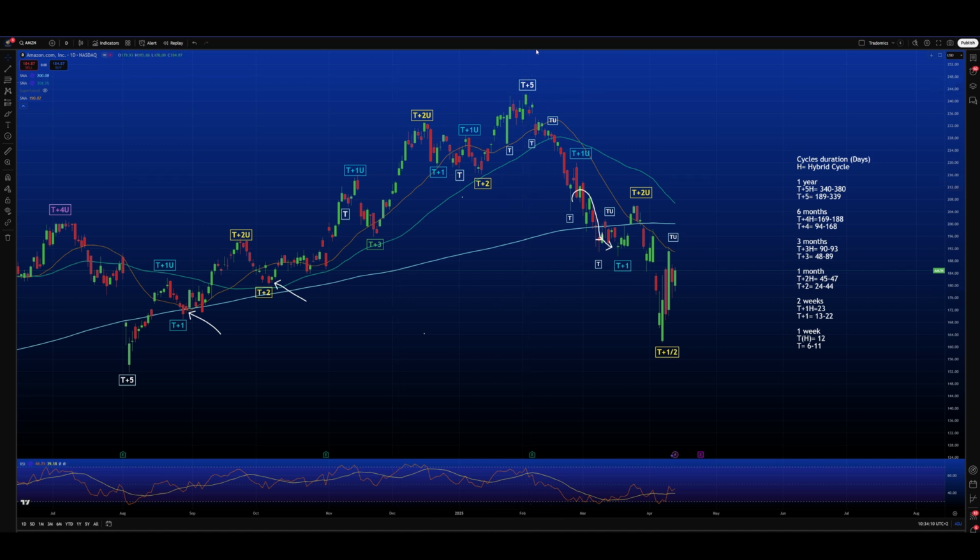And this is a situation that happened. So we broke down with this candle, this swing and this swing. So for sure here we have at least a T plus 5, an upward cycle that is pushing the price further down, and probably it is not even a T plus 5, but a multi-yearly cycle.